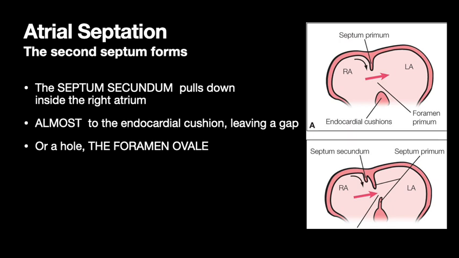All right. So the next thing that happens in the lower picture there is in the right atrium, another Venetian blind starts getting pulled down. And it starts getting pulled down, and it almost gets there, but it stops. And it leaves a gap, basically. And that gap, or that hole, is called the foramen ovale.